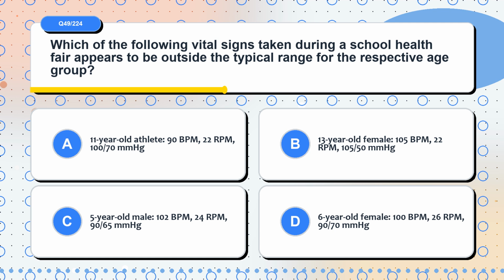Option B, 13-year-old female, 105 bpm, 22 rpm, 105/50 mmHg. Option C, 5-year-old male, 102 bpm, 24 rpm, 90/65 mmHg. Option D, 6-year-old female, 100 bpm, 26 rpm, 90/70 mmHg.